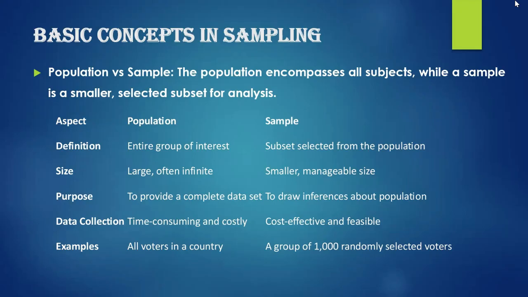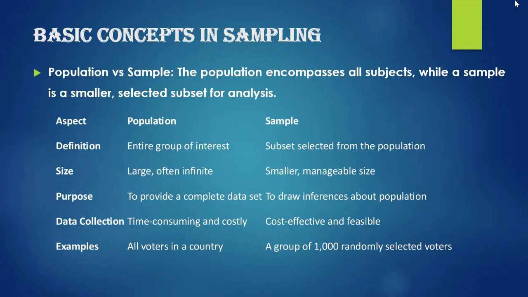So, a population is the complete set of all individuals, items, or elements that possess the characteristics of interest for a particular study. It is the larger group from which the researcher aims to draw conclusions. The characteristics of a population are that it can be finite or infinite, may include people, objects, events, or any unit of analysis, and serves as the source from which a sample is drawn.